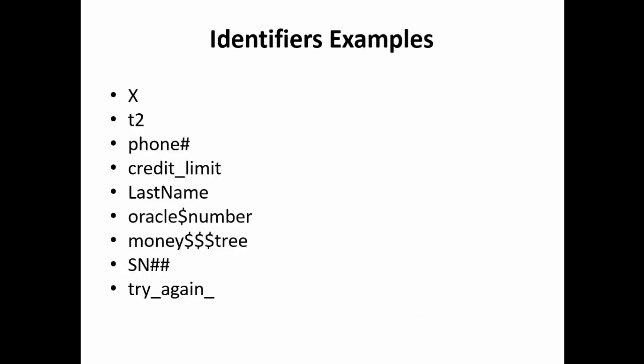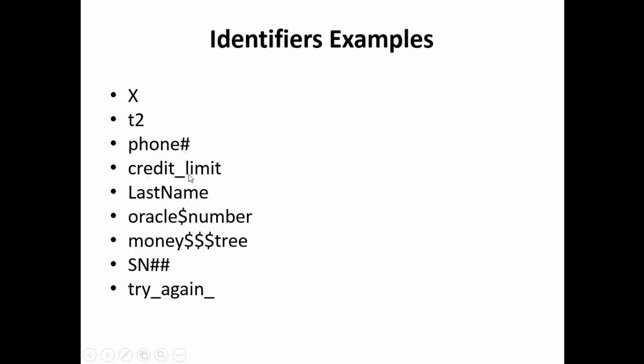Look at the examples of identifiers. X is an identifier. T2: here T is an alphabet, a letter, and it starts with it, so this is an acceptable identifier. Phone#, with this hash symbol, is also an acceptable identifier. Credit_limit is okay. Last name is also acceptable.